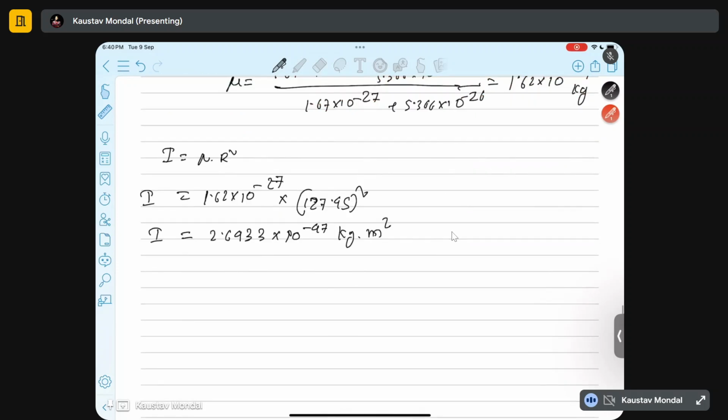This would be the value of the moment of inertia. So we got the moment of inertia.